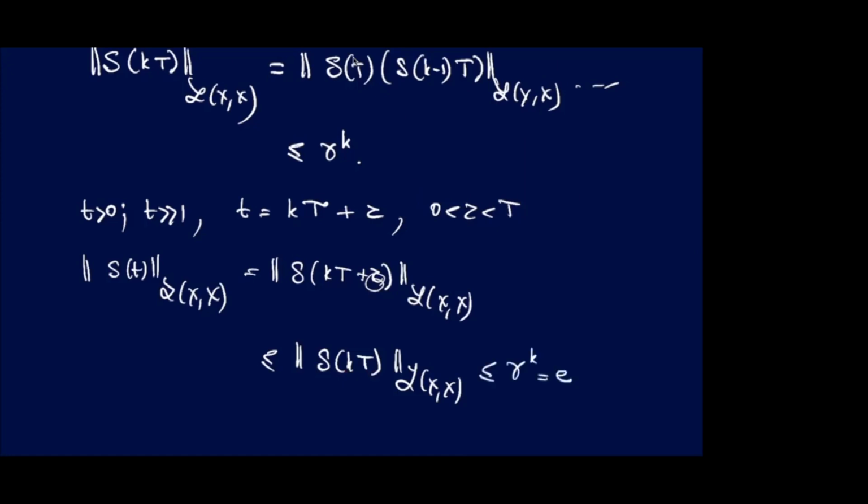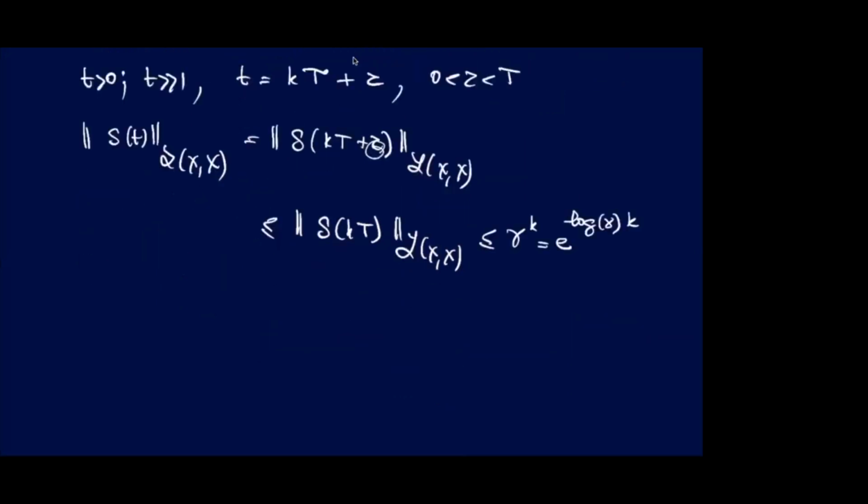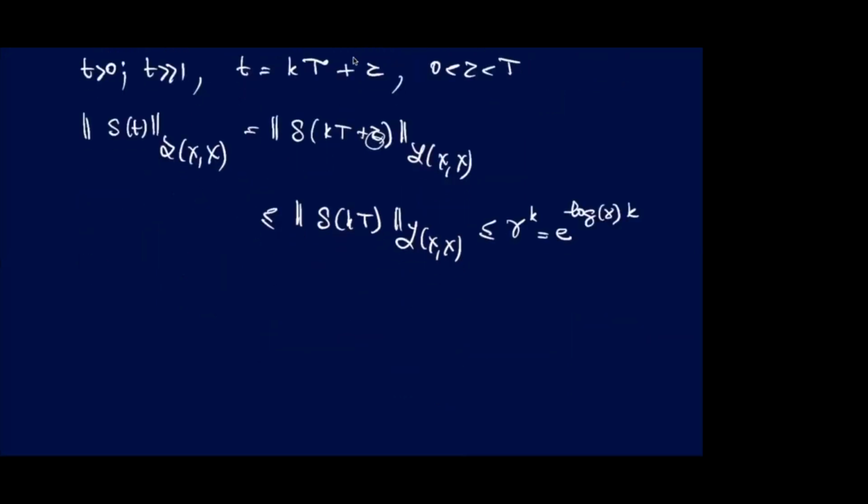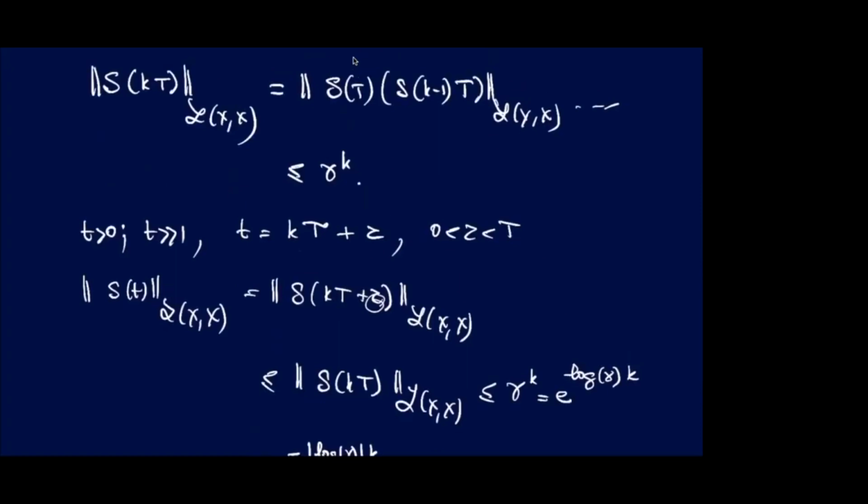And gamma to the power k, I can always write it down as exponential of log gamma times k. Of course, gamma being less than 1, the logarithm is negative, so I can write it better that way, right? So to illustrate the decay rate, I can always guarantee that k will be larger than t minus capital T divided by capital T, right?